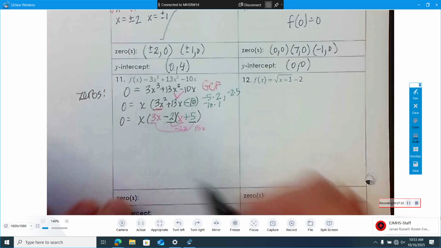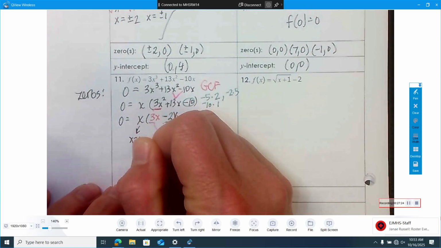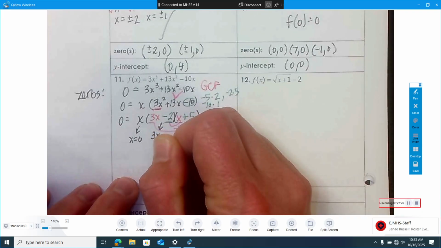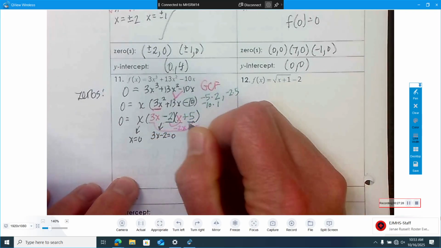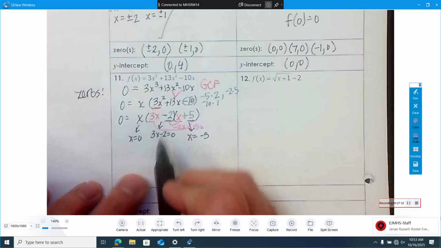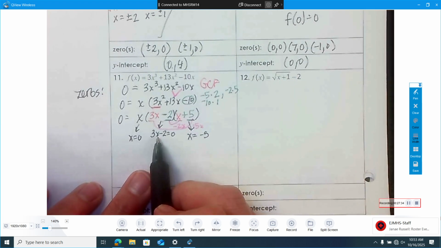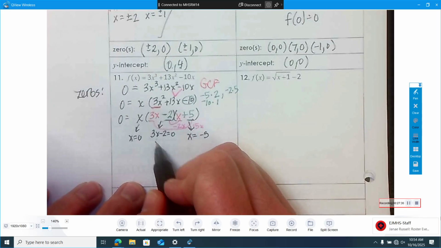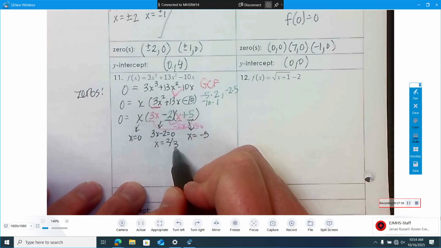Make each thing equal to 0. 3x minus 2 equals 0, and x plus 5 equals 0, so x equals negative 5. For the 3x minus 2, we have to add the 2, and divide by the 3.